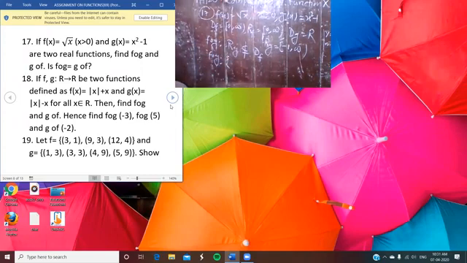Actually, there is a condition also for real functions. If the intersection of the range of g and the domain of f is not equal to phi, then you can say that fog exists. So you may define it this way also.